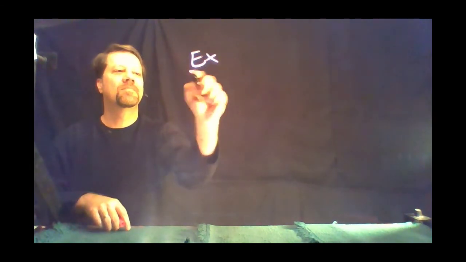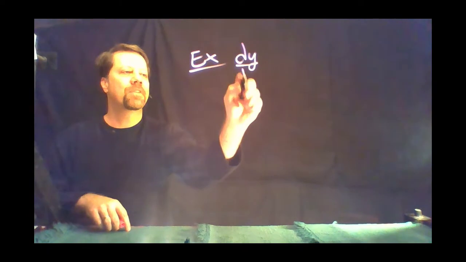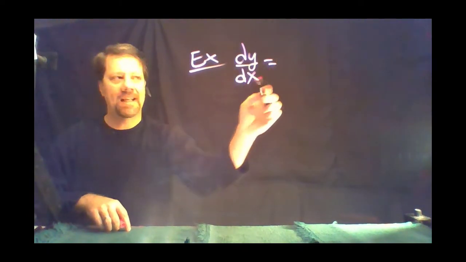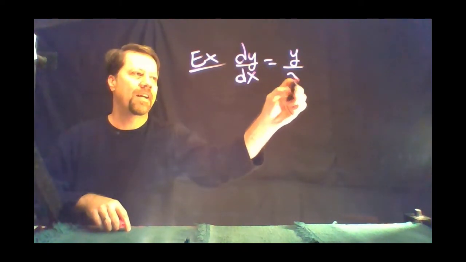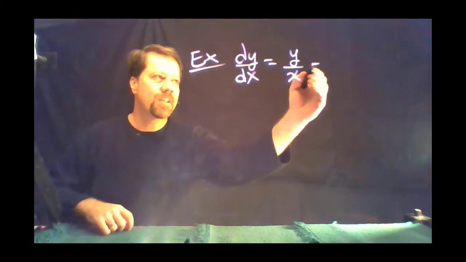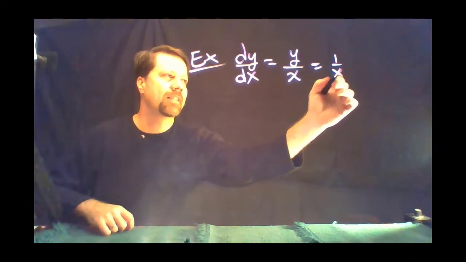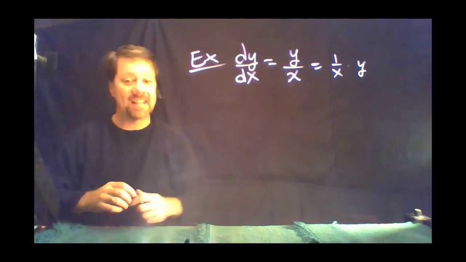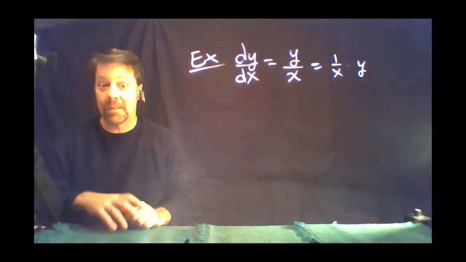So, let's try some simple examples. Suppose I have the differential equation dy/dx equals y divided by x. The right-hand side can clearly be expressed as 1 over x times y, and hence this equation is clearly separable.